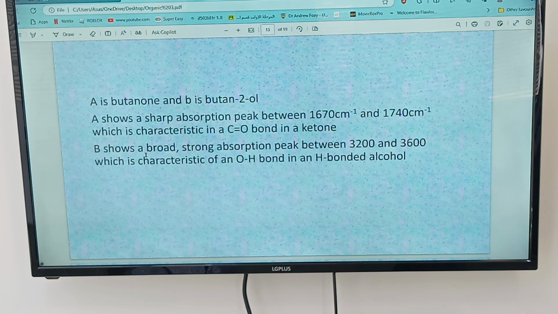B shows a broad, strong absorption peak between 3200 and 3600, which is characteristic of an OH bond in H bonded alcohol.